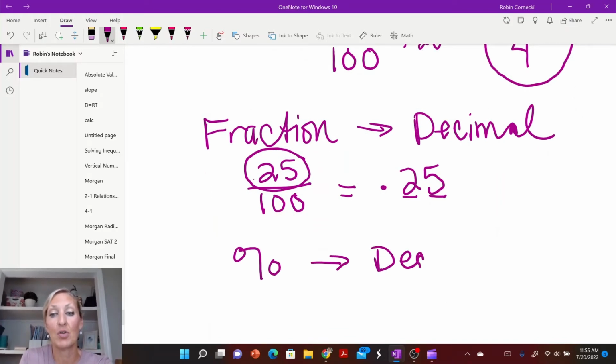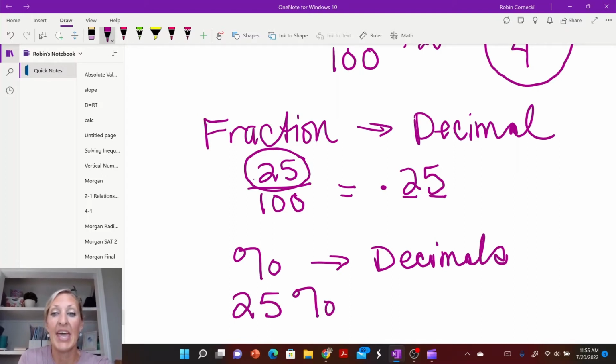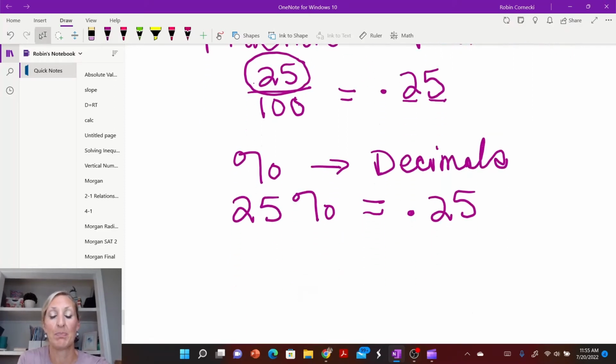So if you look at our original percent, 25%, and we look at the decimal, we'll see that it's 0.25. Well, if we look at a relationship between these, we will notice that our decimal point lives right here. It's assumed to be there because we can assume this to be 25.0, which we wouldn't normally write like that.